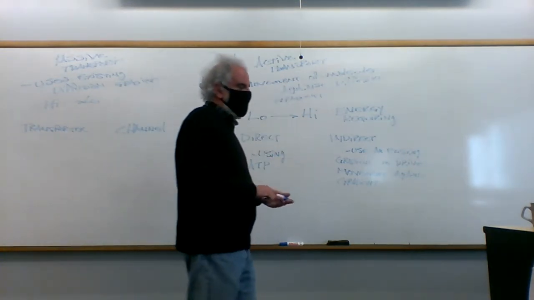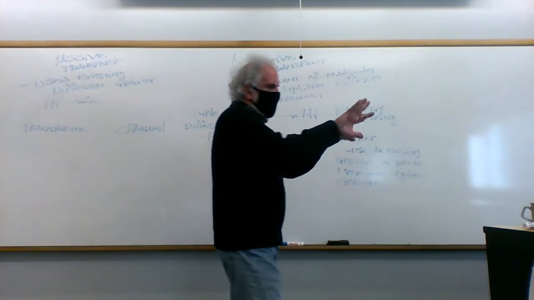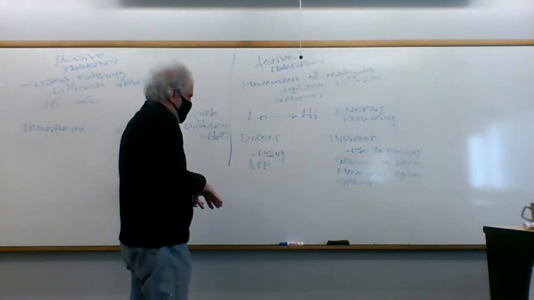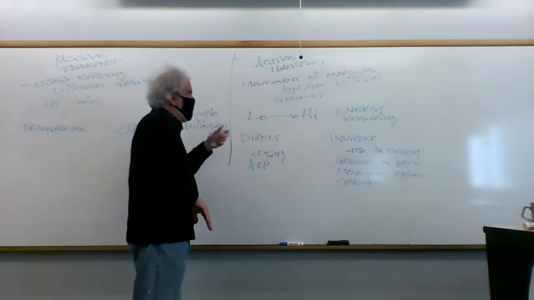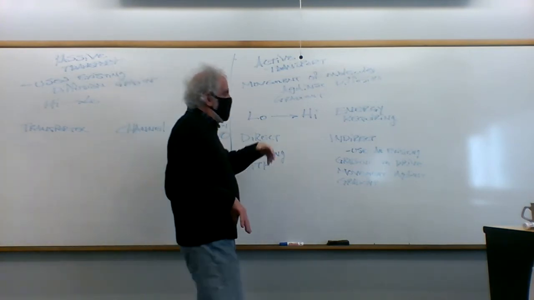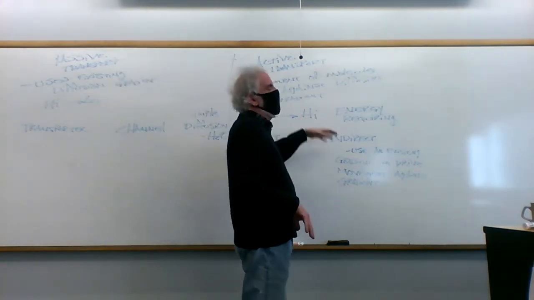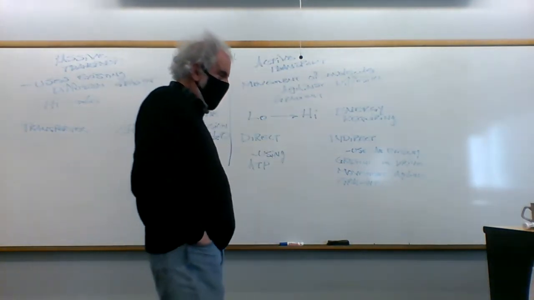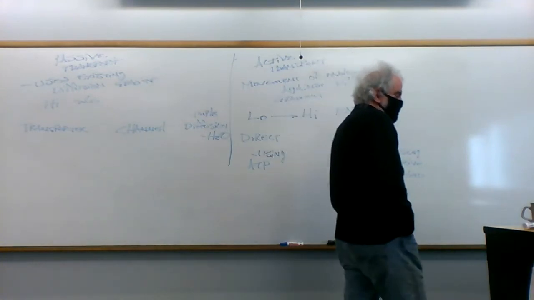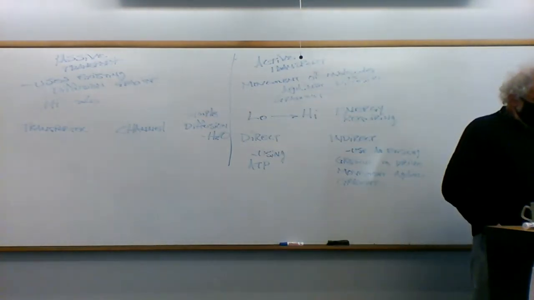In a sense, this is how we can break down the two categories. If it is directly using ATP, it is direct active transport. If it's using an existing gradient, then it's indirect active transport. So we now are going to go through a couple of the different transporter systems and see how they work.